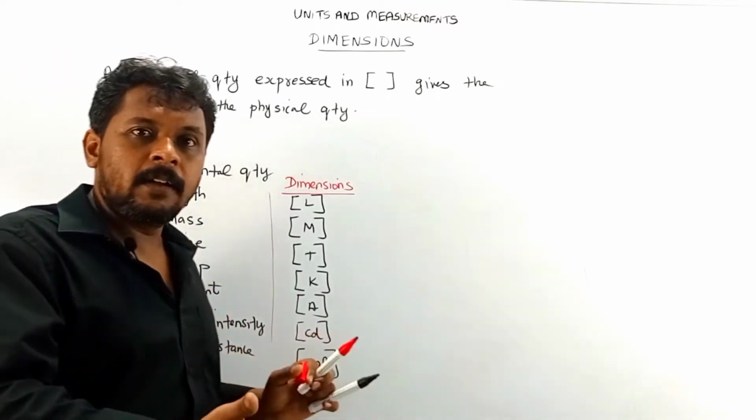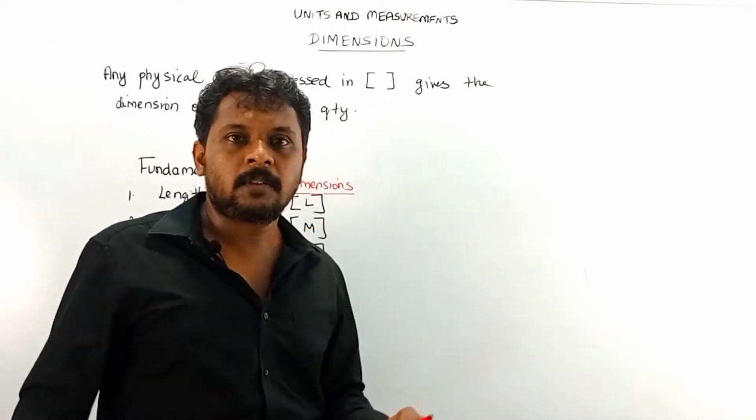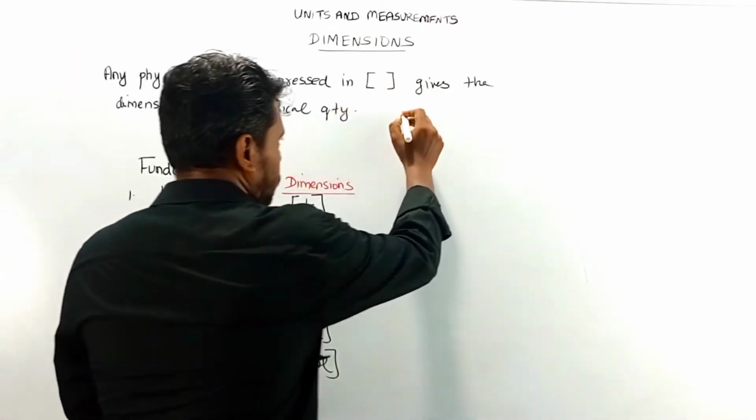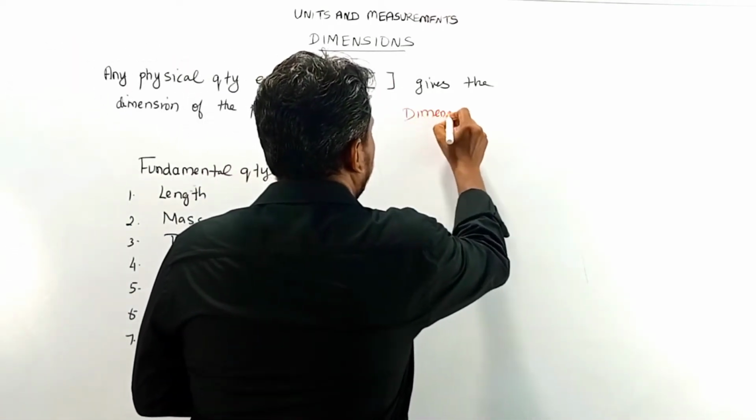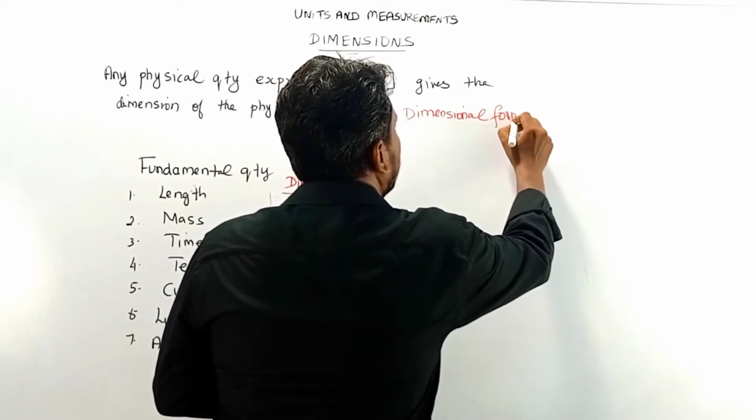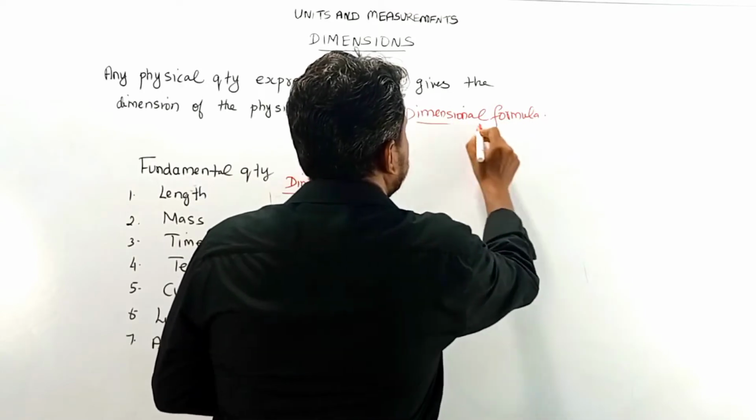Next we have to find the dimensions of the derived quantities. For that we have a term called dimensional formula. What is this dimensional formula?